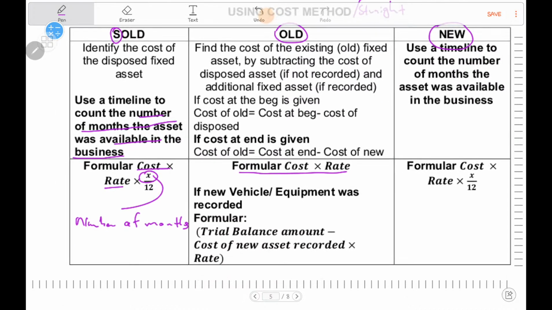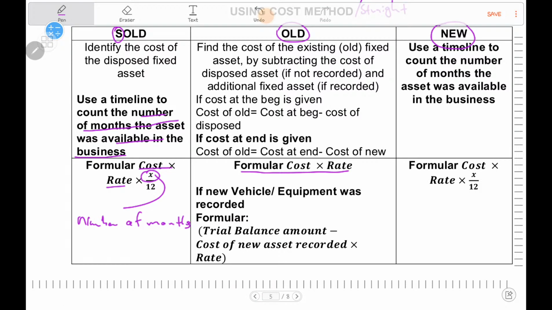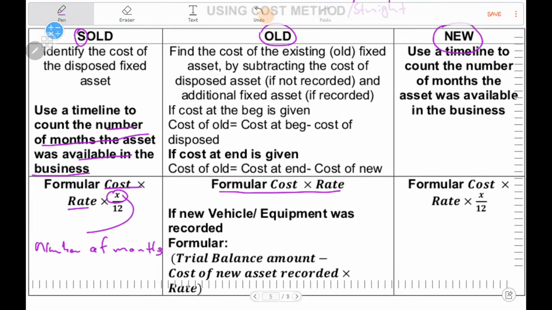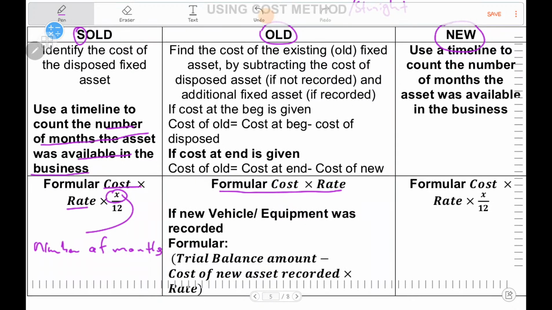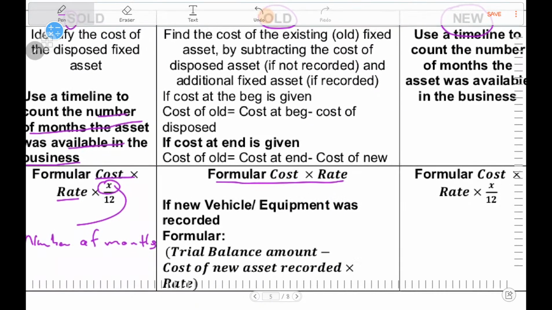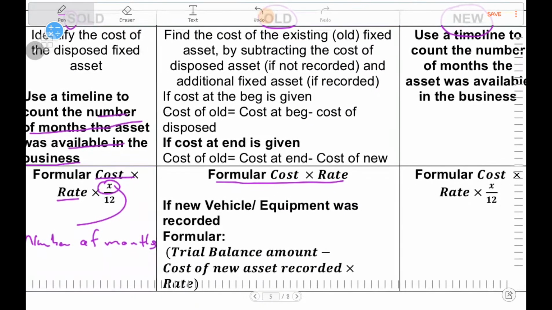Okay. Then now, if a new vehicle was recorded, you have to take note of the movement of the fixed asset. Now they can either be recorded or not recorded. If the new vehicle or equipment was recorded, it is important that you first try to separate the cost at the beginning and also the cost of the one that was disposed.